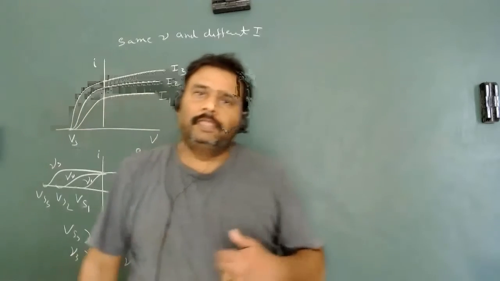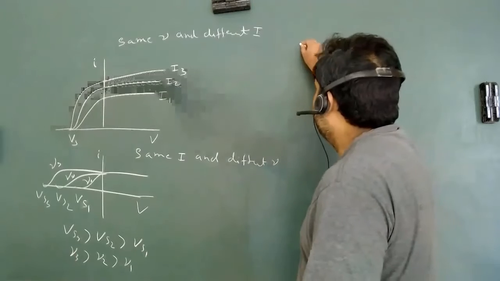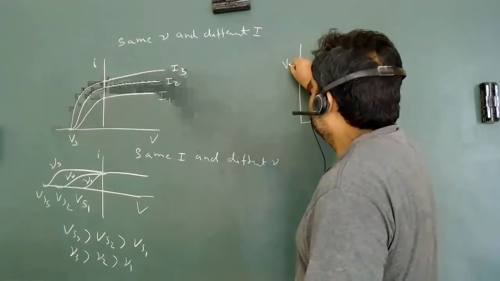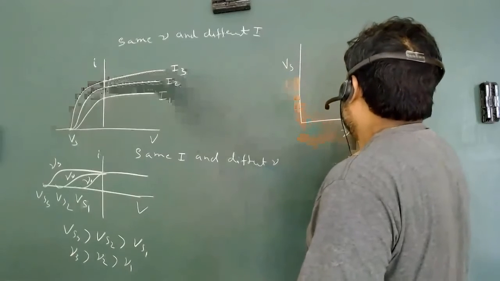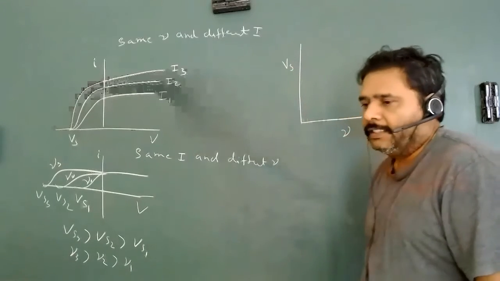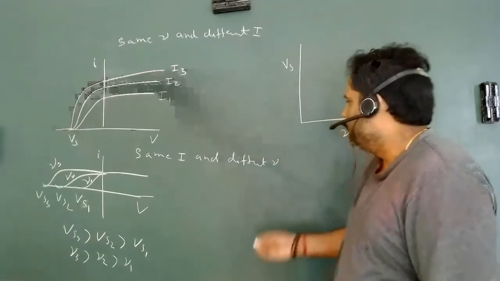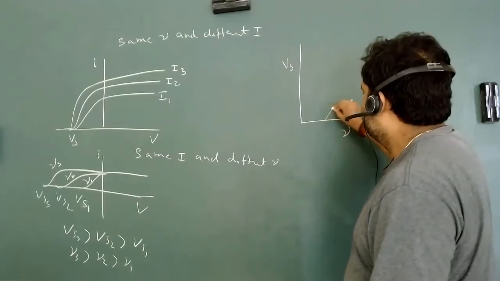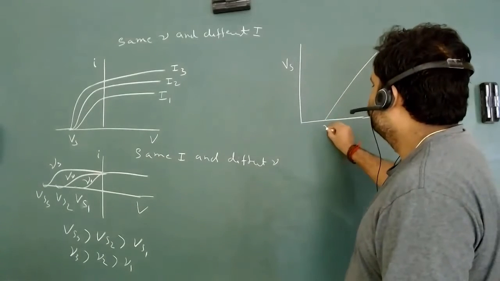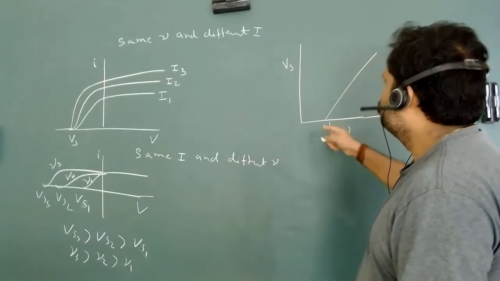Einstein went one step ahead, and what he plotted was Vs versus frequency. Once he plotted Vs versus frequency, he got a very interesting result. Let's say this value is nu naught 1. Why am I saying nu naught 1?